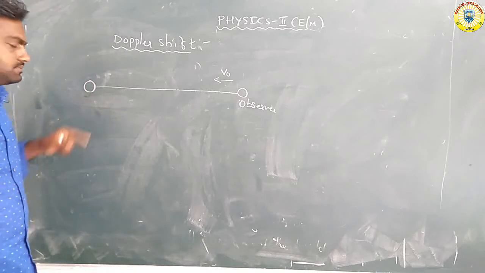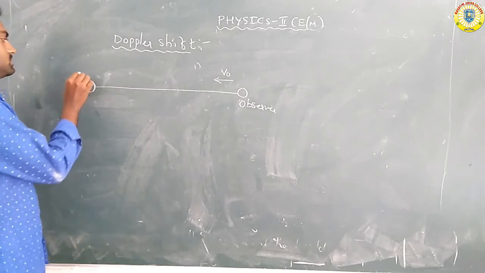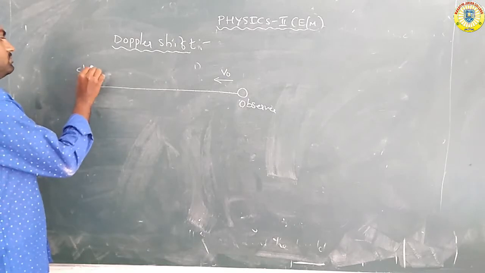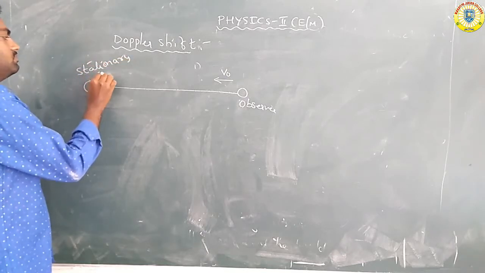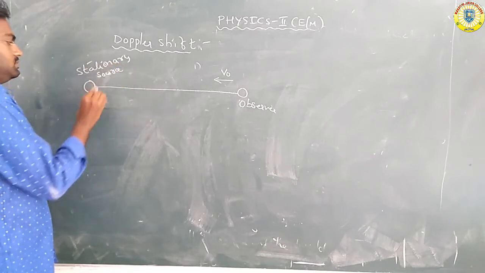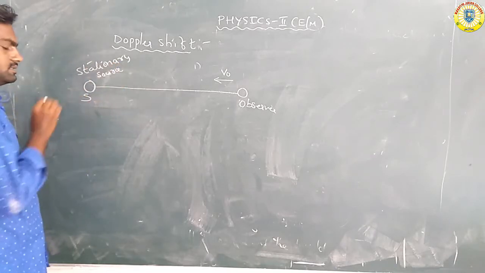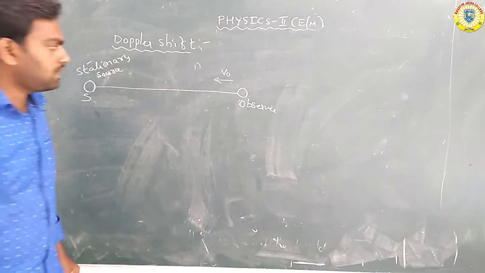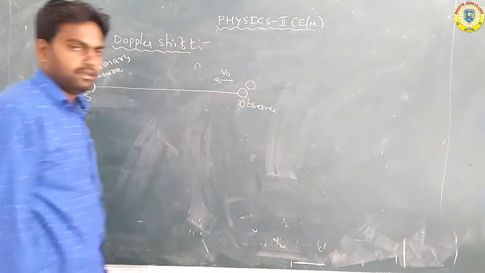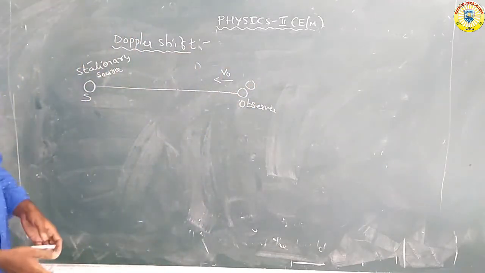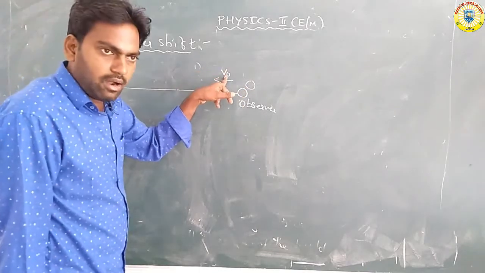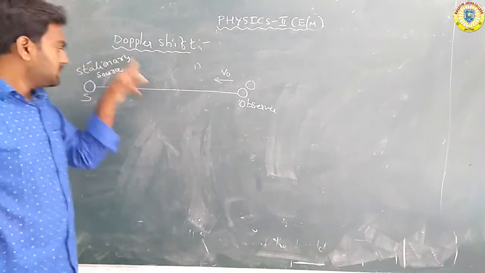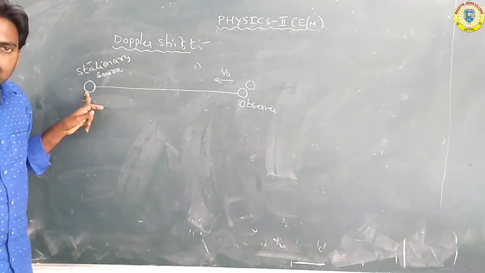Stationary source, that is S. It is denoted by S. The observer is denoted by O. So the observer is moving with velocity v0 towards the stationary source.